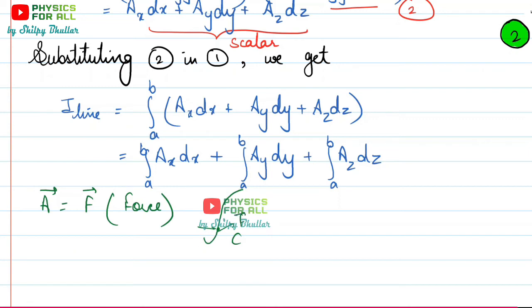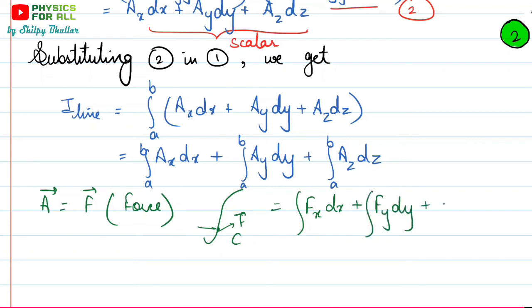And now we have to find what would be the overall effect of the force over this entire path. Then we have to take the line integral, because we have some path given to us. Now we know how to find the line integral. The answer would be, whatever the limit is, the x component of force integrated with respect to x. Then whatever the y component of force is, that would be integrated over y, and whatever the z component of force is, that would be integrated over z.